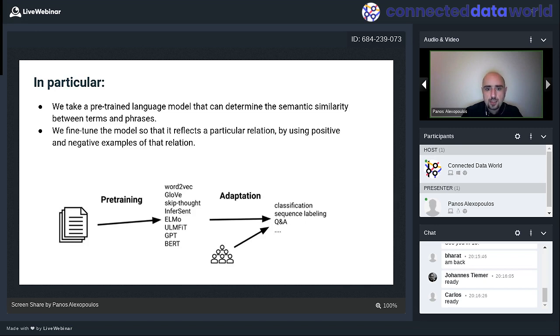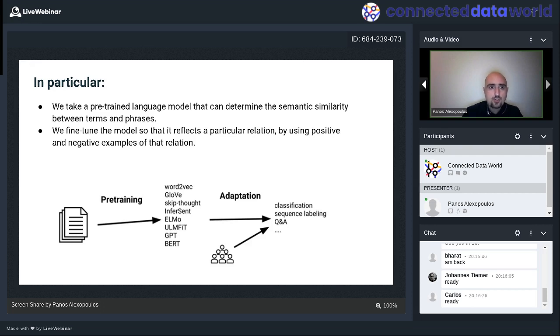And when they have these embeddings, we can get their similarity that hopefully reflects a semantic similarity between two words or two phrases or two sentences. So language modeling is the basic task on which these large language models are trained. What transfer learning does is that it takes these pre-trained models and adapts them to a particular task.